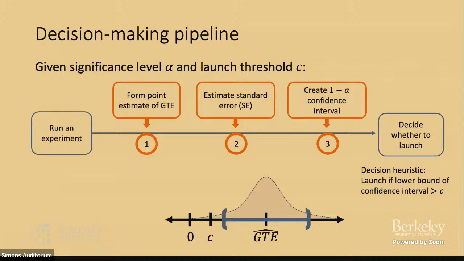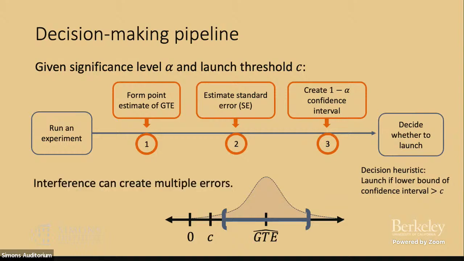A simple decision heuristic that we'll use here is: if the confidence interval lies above this cost C, then we're going to launch. This is one example of a standard decision-making protocol that a platform would use. There are certainly more complicated ones as well. Sometimes platforms will look at several different metrics, but this is the core of this decision-making.